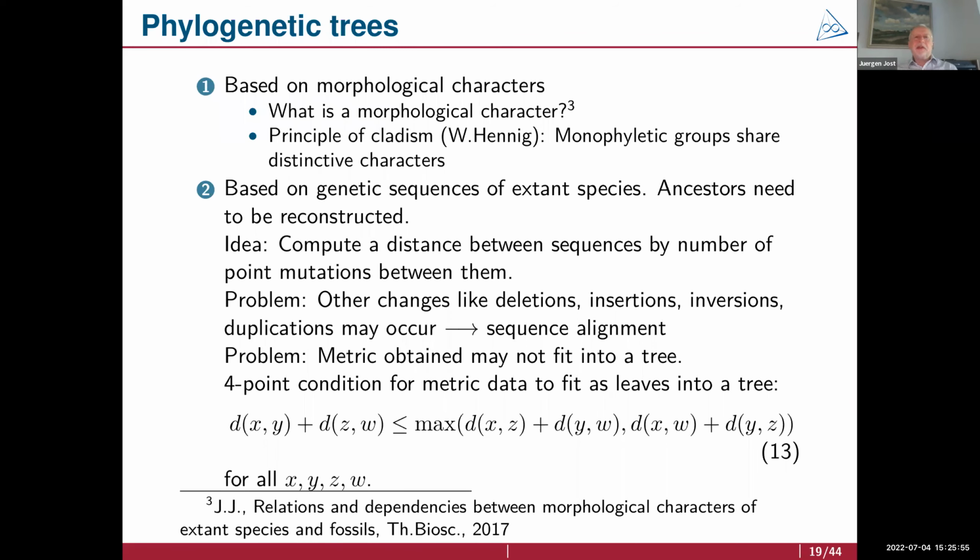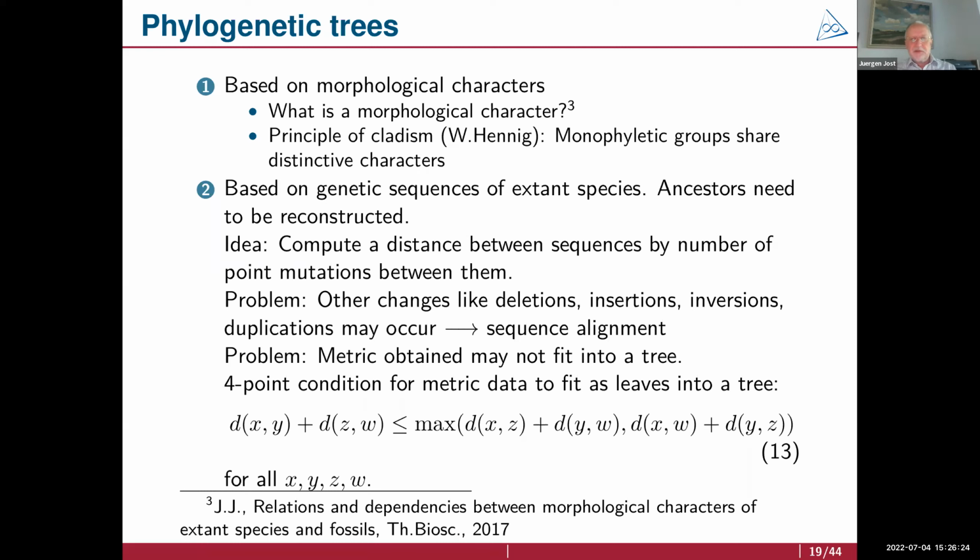Now, today, one has other types of data. One has genetic sequences of extant species. So by now, you can easily sequence the genome of almost anything. But typically, you don't have the genetic sequences of fossils, so you need to reconstruct their ancestors. So there is a basic and obvious idea.